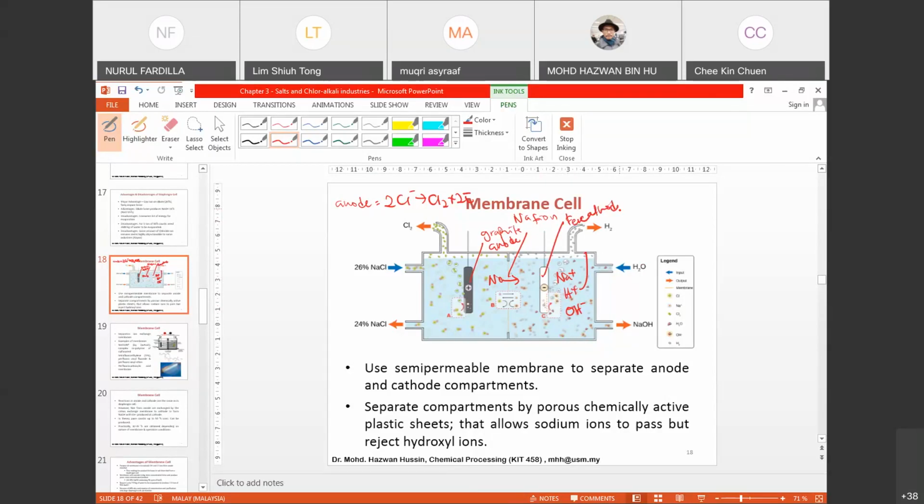Then the reaction at the cathode will be the formation of hydrogen gas, 2H plus plus 2 electrons gives H2. And then the production of sodium hydroxide over here is basically from Na plus plus OH minus to produce NaOH.